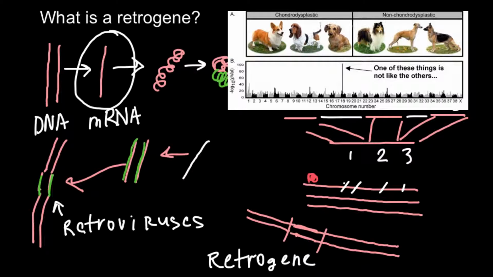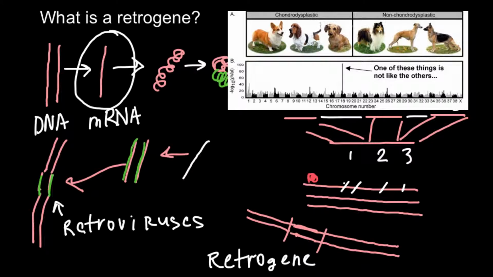But the difference is that in humans, a mutation in the regulatory sequence of the FGFR3 gene causes overexpression of this gene, but in dogs we have an extra copy as a retrogene that regulates expression of the FGFR3 gene. But as you see, the result is the same in humans and in dogs. It leads to this form of dwarfism.